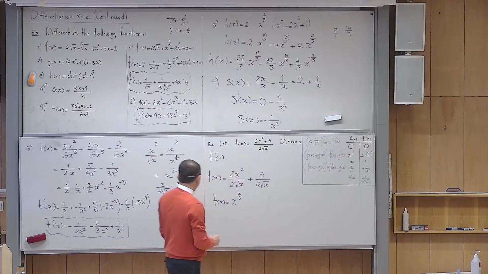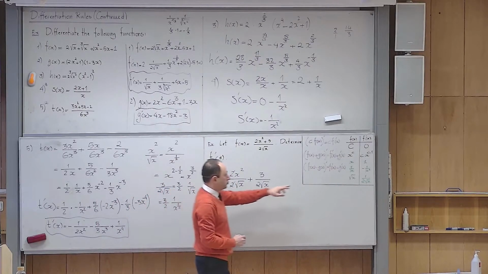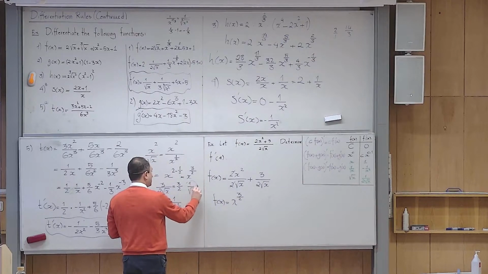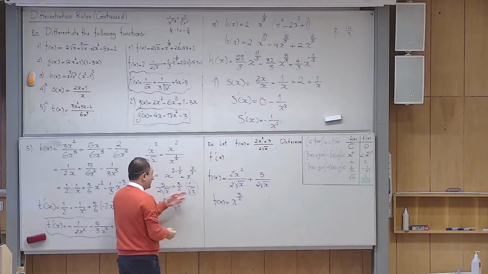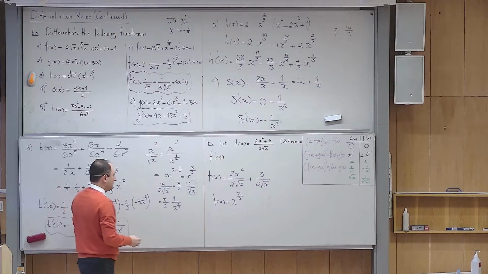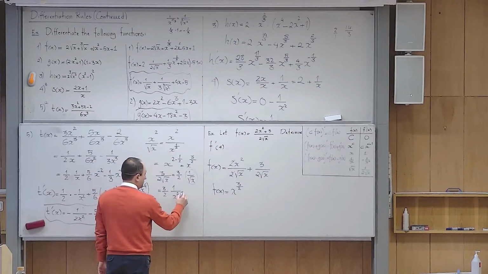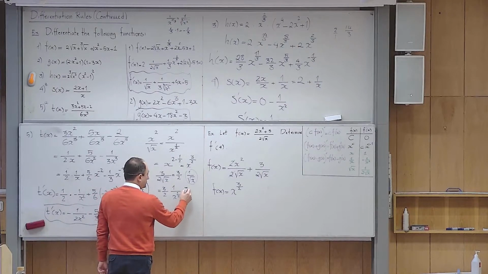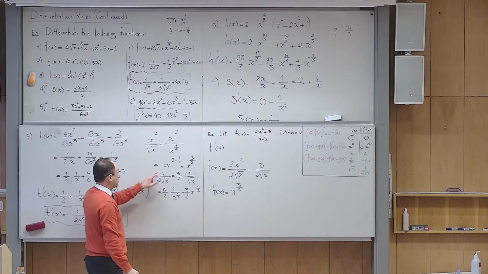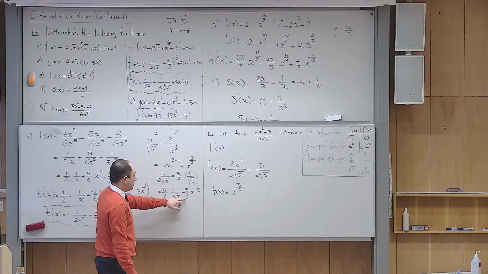No. You have the derivative of the square root of x, but this is not the square root of x. It is similar to it, but it is 1 over square root of x. So you have to transform it. So you write it in that way, and then you bring it up. So this becomes 3 over 2 x to the power of minus a half. Okay? So this expression is equal to that one.